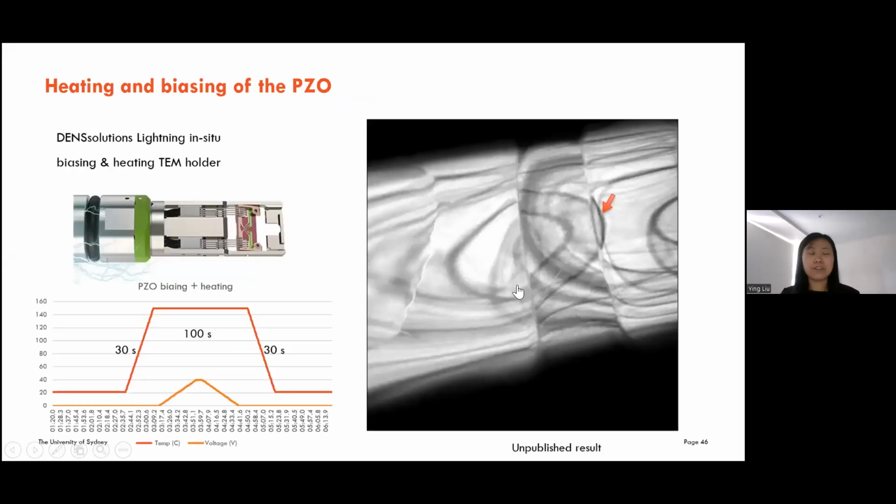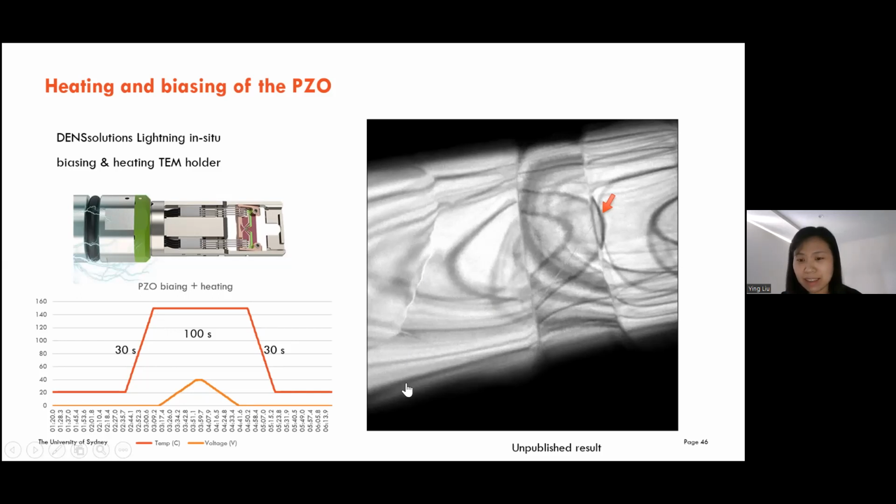And recently, after I moved to the University of Sydney, because we now have the in-situ TEM holder, I have conducted some in-situ biasing and heating experiments on the sample. Here is a video where we first apply heat to 150, and then we apply a voltage of 40 volts and keep it for 5 seconds, and then remove the electric field, and then remove the heat.